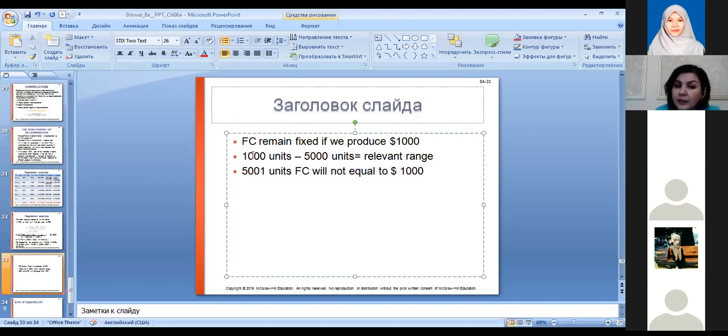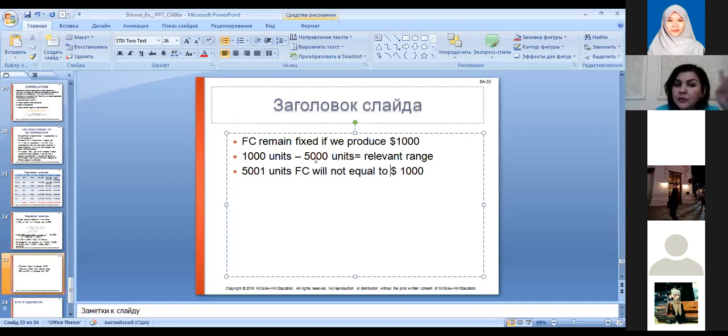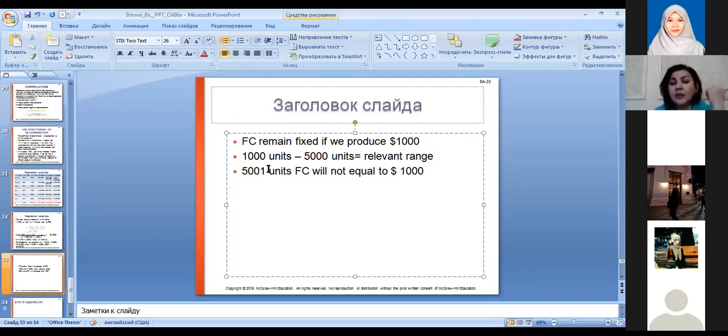A relevant range is from 1,000 till 5,000 units. This is the relevant range within which fixed costs remain fixed. If it goes beyond the relevant range, then fixed cost may change.